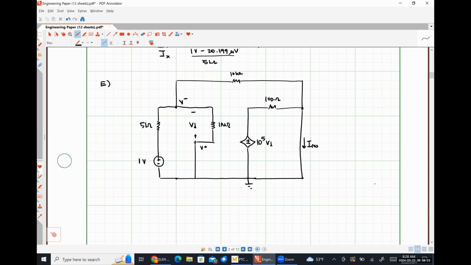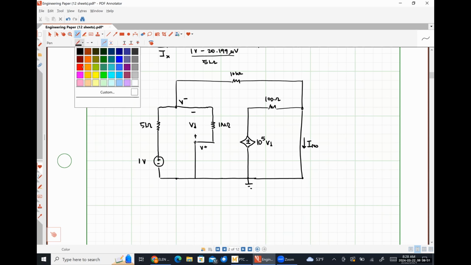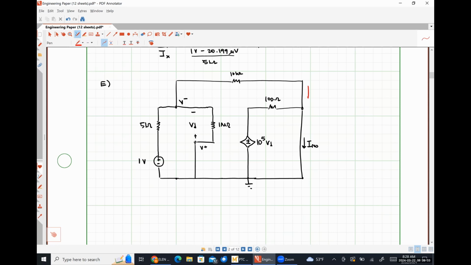Instead, I'm going to apply Kirchhoff's current law to find my Norton current. So effectively, I'm going to say that this current flowing in plus this current flowing in add together to form my Norton current, because it's going to be actually a little bit less work.